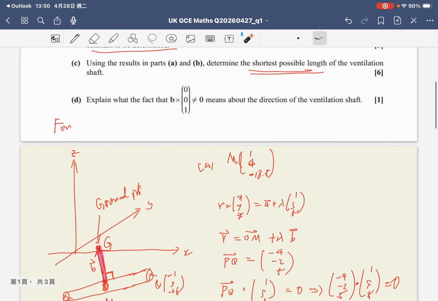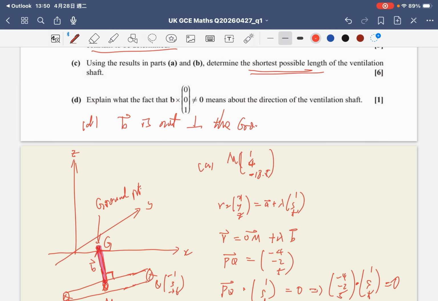Okay, I write like that for part D. B is not perpendicular to the ground. I think I use the horizontal plane.